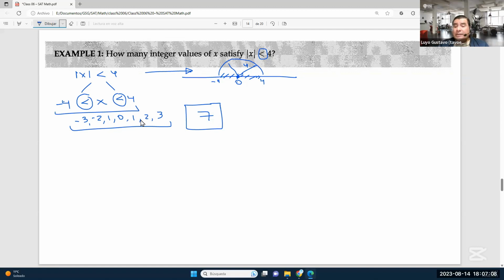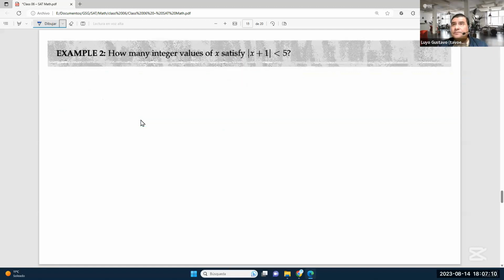Well, let's try the next. How many integer values of x satisfy the absolute value of x plus 1 is less than 5? Can we interpret this in terms of distance between x and a certain number and in terms of how many units that distance could be? Yes, we can. So you can try.